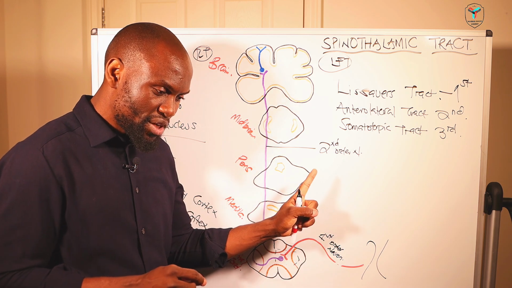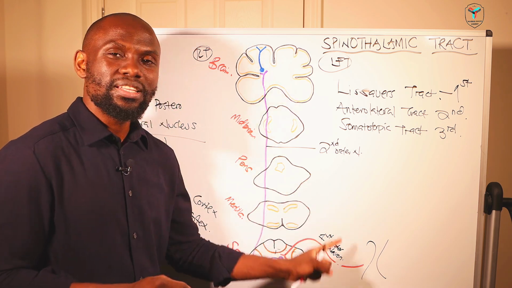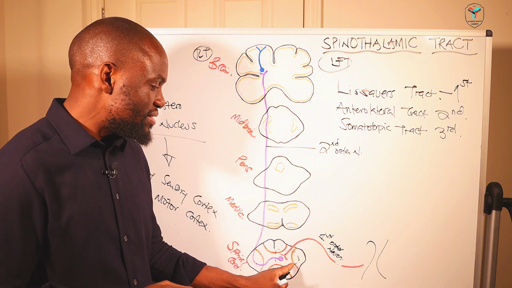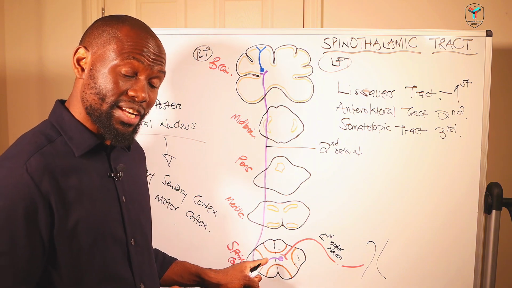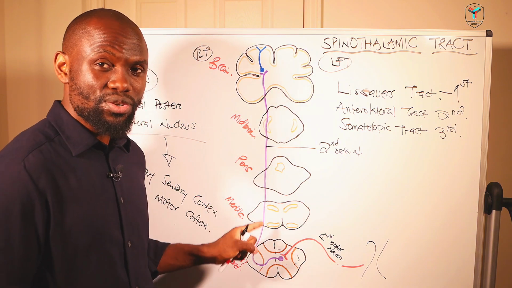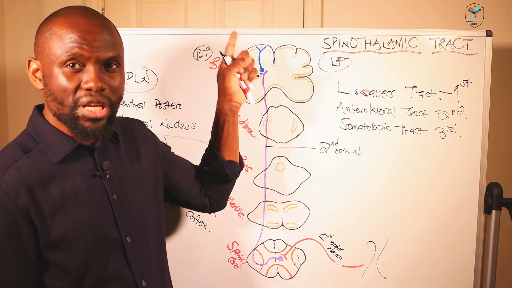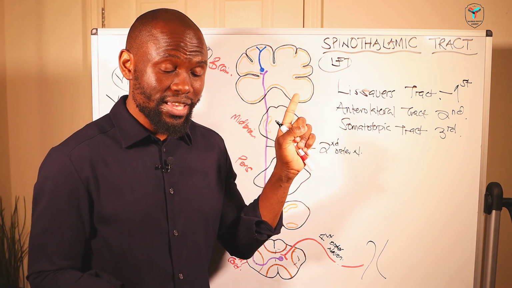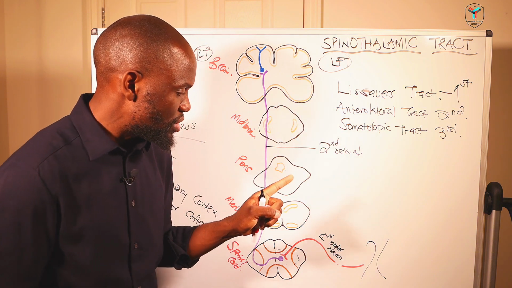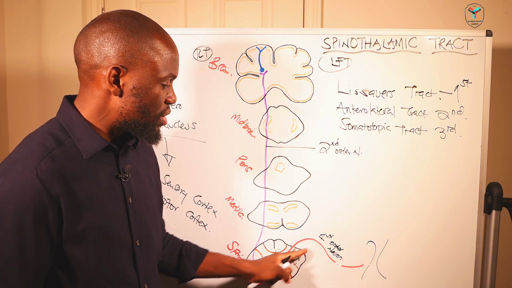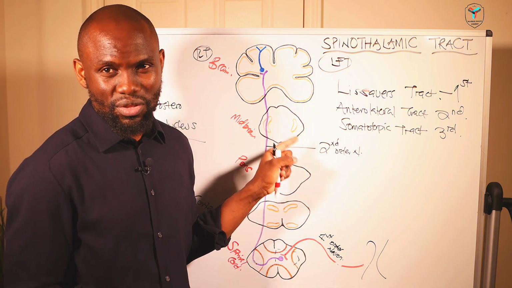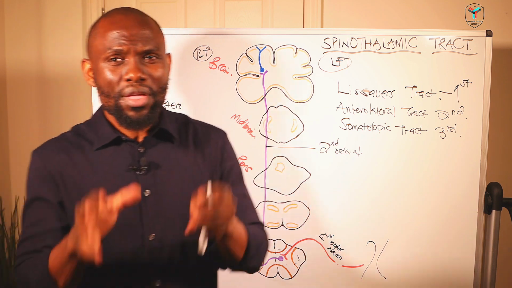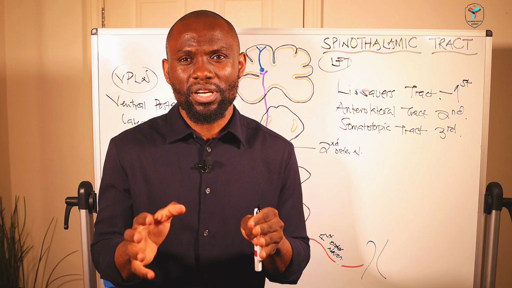In the spinothalamic tract, the decussation occurs around the substantia gelatinosa in the spinal cord, and then the second order neuron moves to the contralateral side, where it will move all the way to the thalamus. Unlike in the DCML, which is the dorsal column medial lemniscal pathway, where the first order neuron will move all the way to the medulla oblongata, where decussation is going to occur. So that is that about the spinothalamic tract.